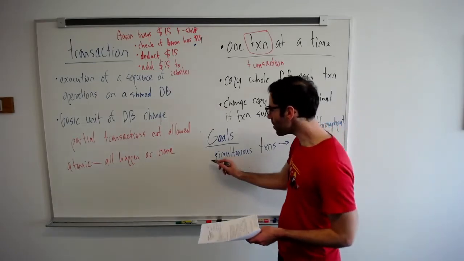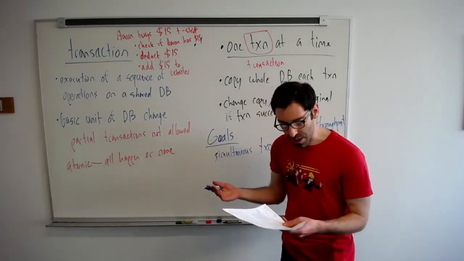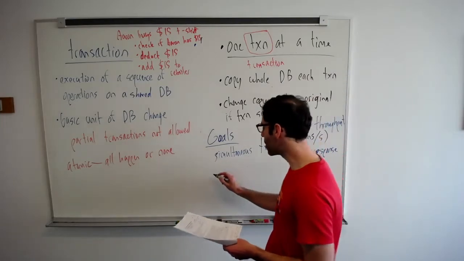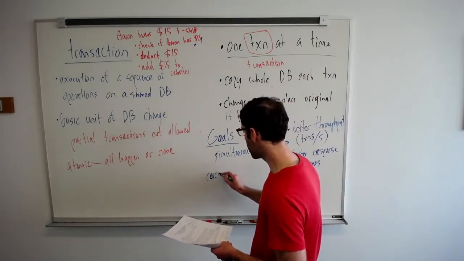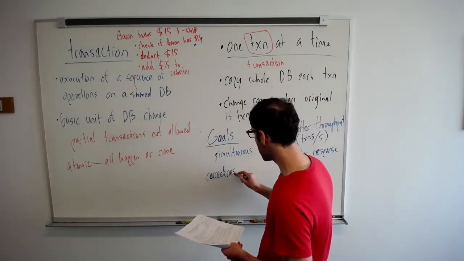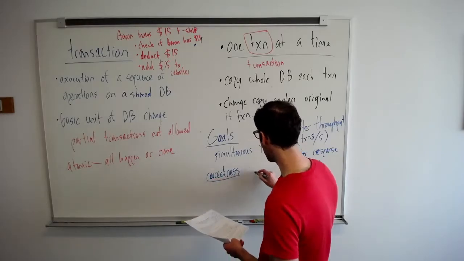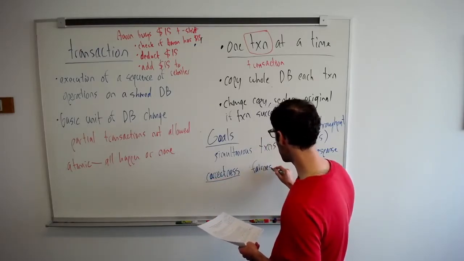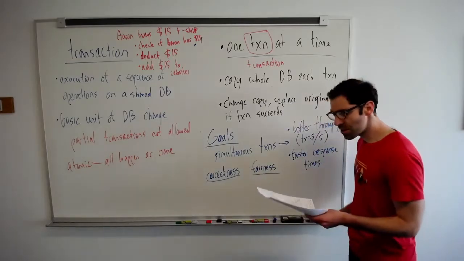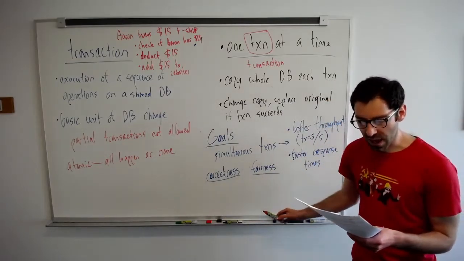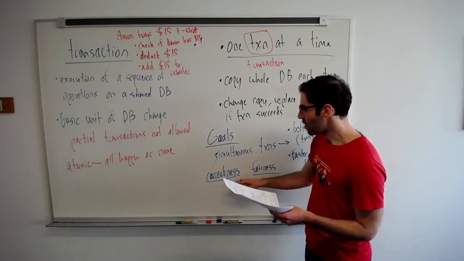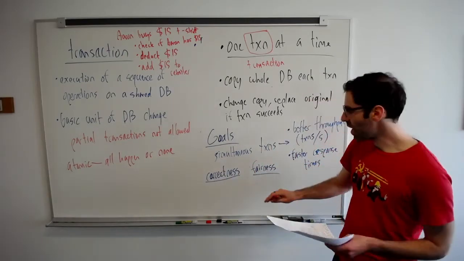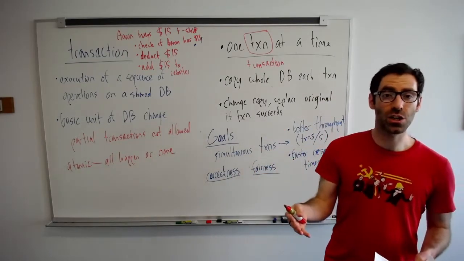But even as we have simultaneous transactions, we want correctness and fairness, meaning that all transactions get a chance to run.